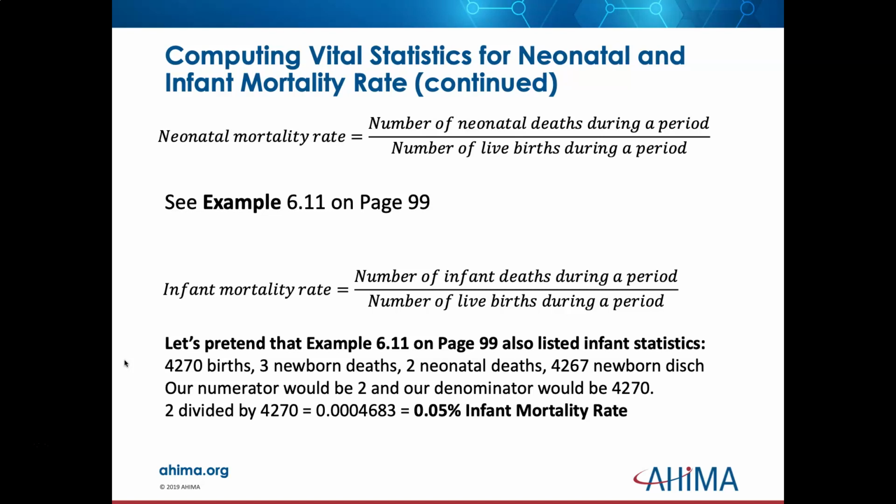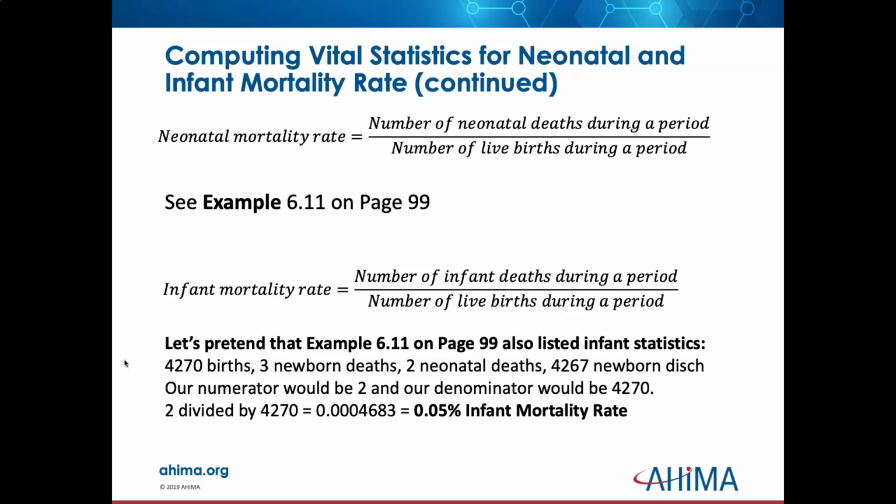Let's pretend that that example had also included 2 neonatal deaths in the information. So to calculate infant mortality rate, it's the number of infant deaths, which we said would be the 2 neonatal, I'm sorry, it should say infant. I apologize for that. Instead of neonatal, draw a line through that mentally and think infant. So you have 3 newborns, 2 infant deaths, and then you have the number of discharges.